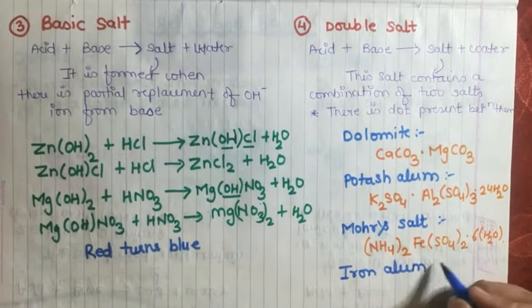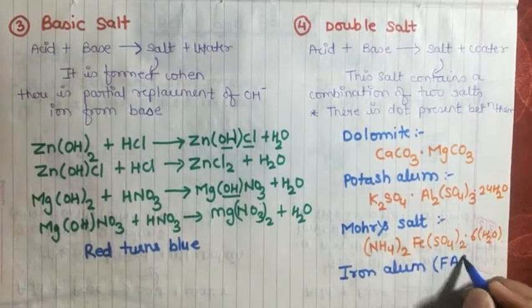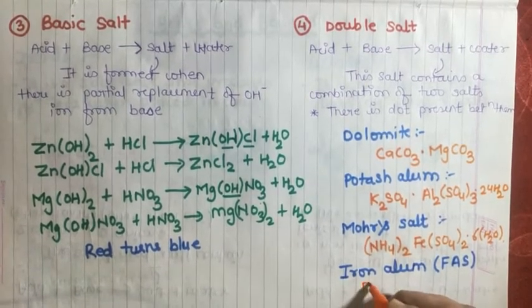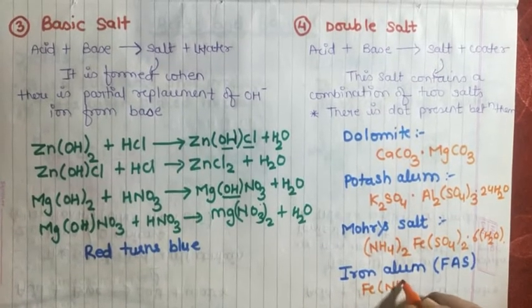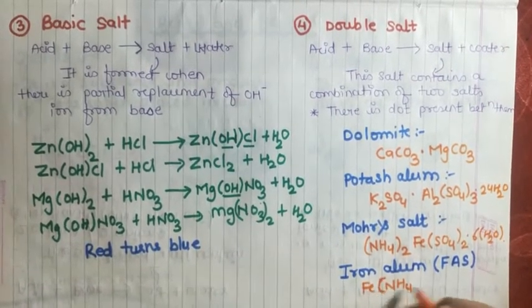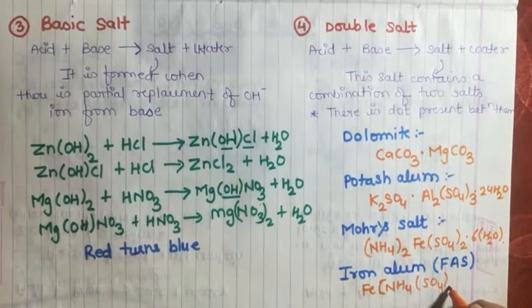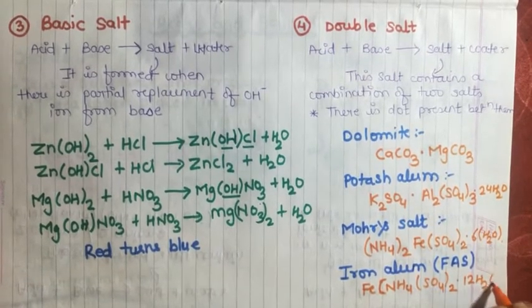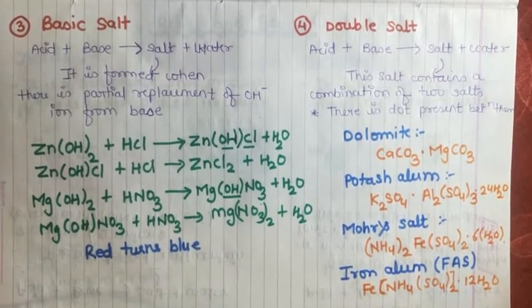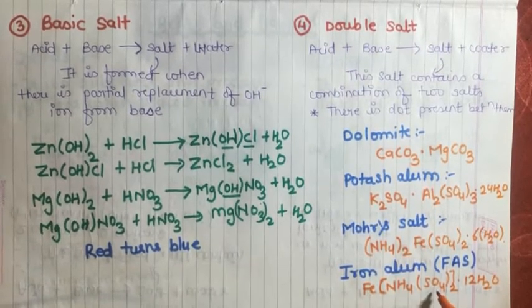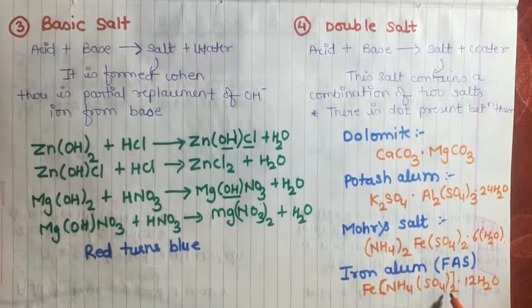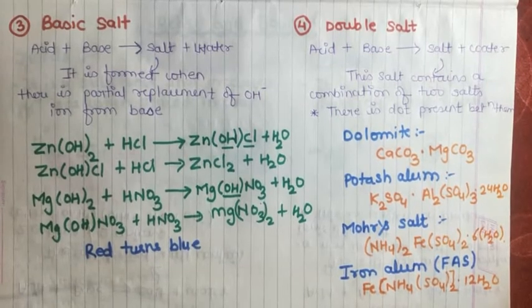Sometimes it is also known as FAS, that is ferrous ammonium sulfate. The formula is FeNH4(SO4)2 dot 12H2O. So this is the structure of iron alum. You can easily remember ferric ammonium sulfate, not ferrous, ferric ammonium sulfate. So this is the double salt.